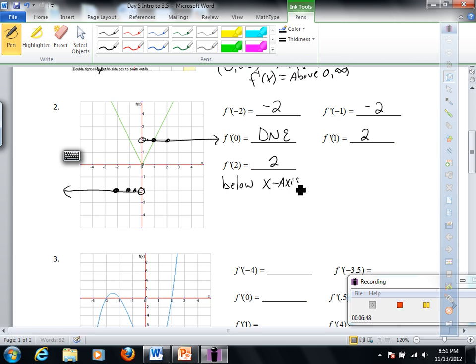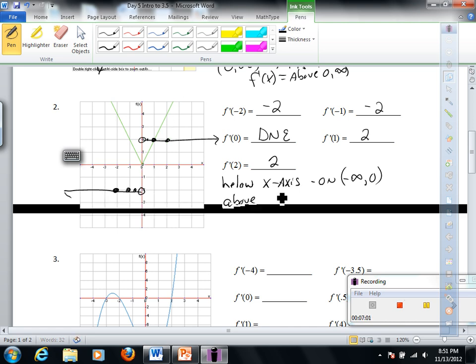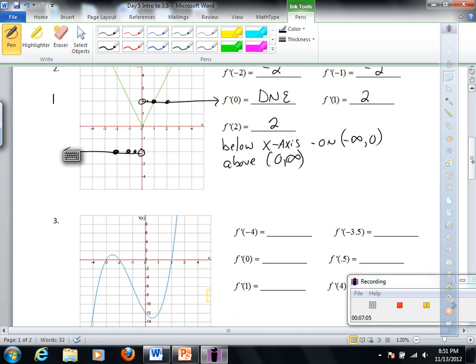That's where my y values are negative. And since my slopes are positive here, I should be above the x-axis on 0 to infinity. And I don't know why those little black marks show up either. That's why I like to use PowerPoint.